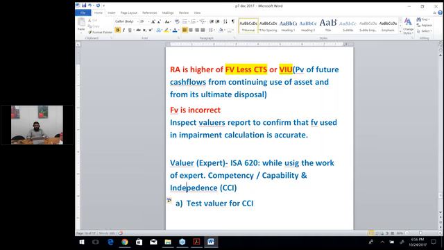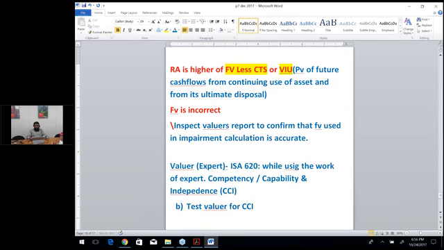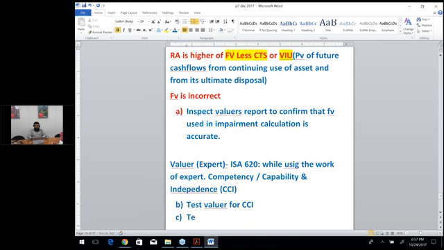Test the valuer's report for the CCI. In addition to this, test the assumptions used by the valuer for reasonableness.